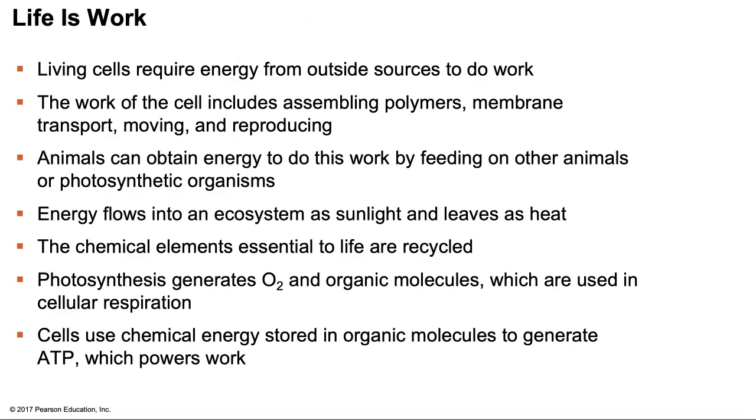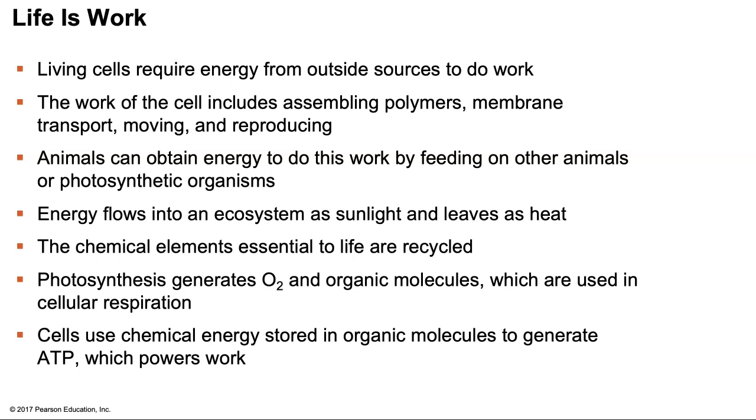So you can imagine how much energy each one of your cells requires, and you have more than 1 trillion cells in your body, right? So living cells require energy in order to do all of this work. And where do we get energy from? We have to get it from outside sources.